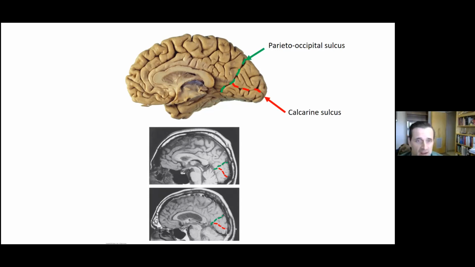And we also have the calcarine sulcus, okay, that's dividing the two portions, upper and lower, superior and inferior aspects of my primary visual cortex. And here they are overlaid on these radiographic images below. The cuneus on top, and then the lingual gyrus on the bottom.